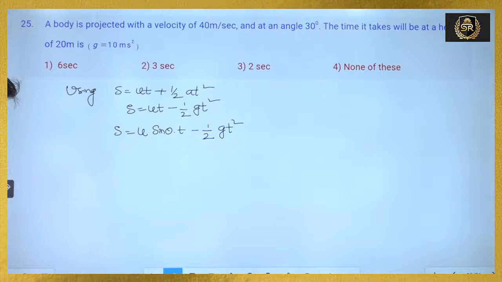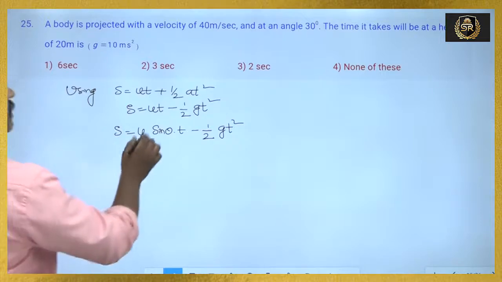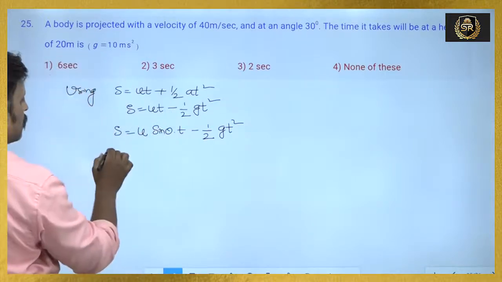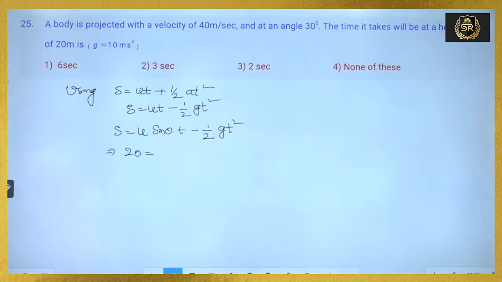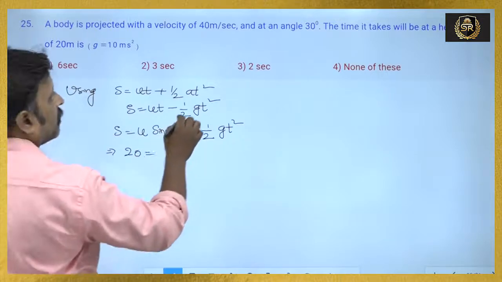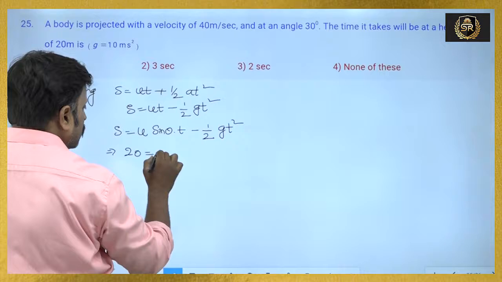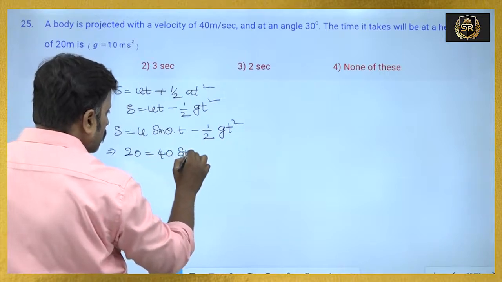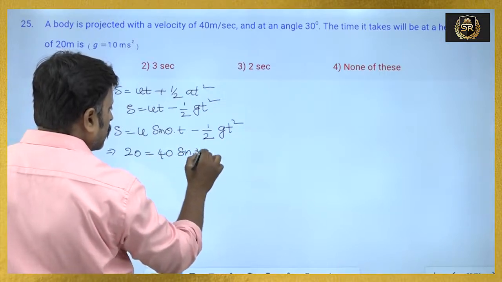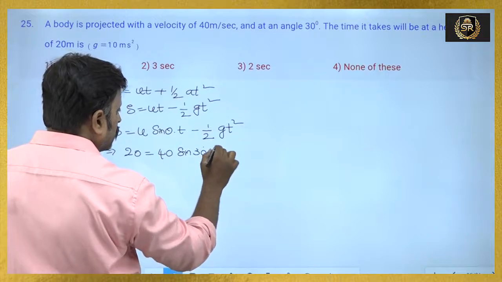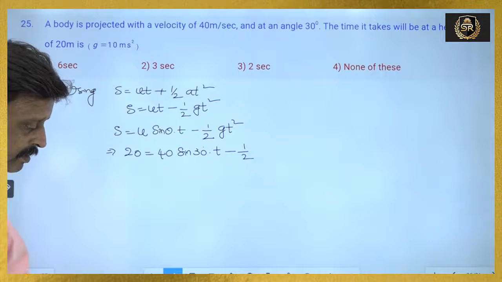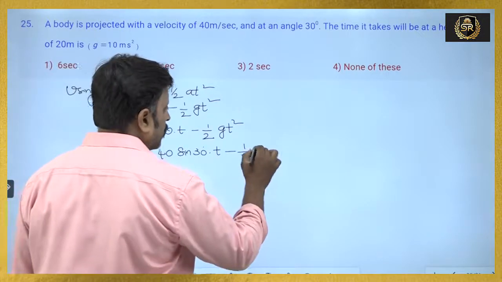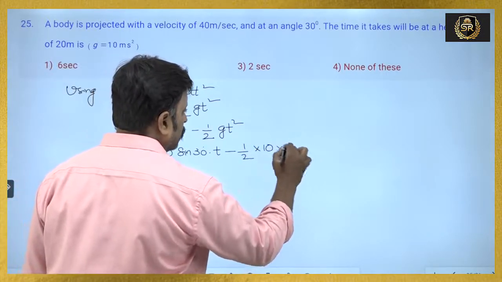Okay, let us substitute the values. What is the distance given? Distance is given as 20 meter. So 20 equal to u sin theta. What is the velocity given? 40. So 40 sin 30 into t minus a half, G value you also take as 10, into t square.